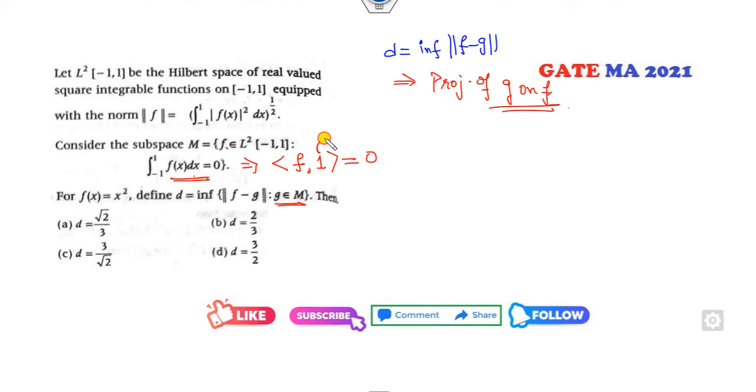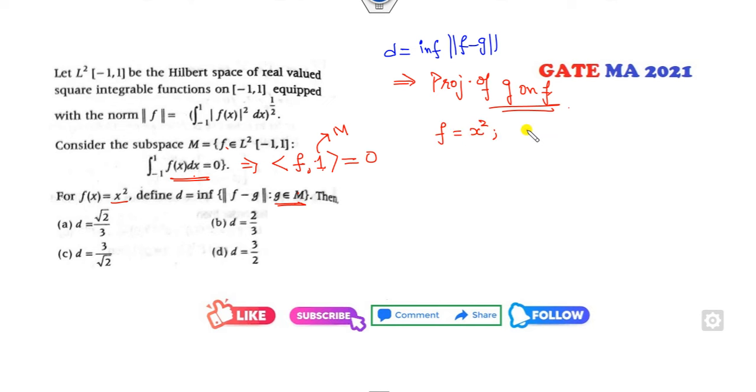So what does it mean? This is my element of the M. So what is the projection of this? I can write this quantity as F, which is my x square, comma 1. So the projection of x square, so F is my x square.